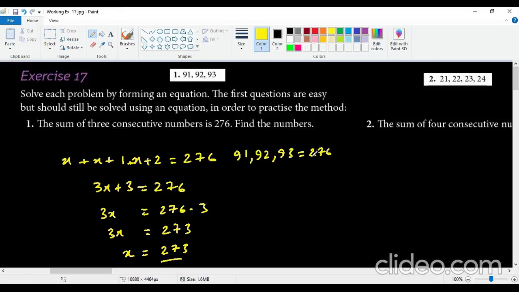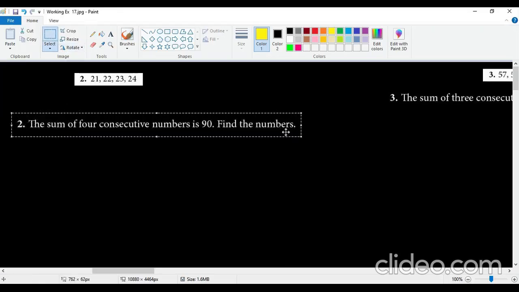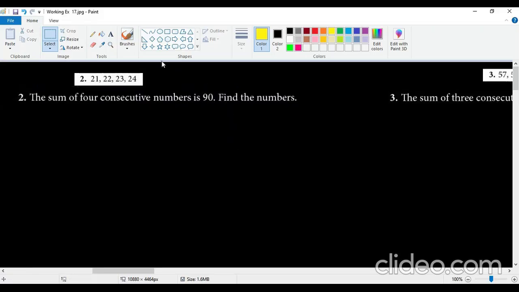Now comes the next question, which is question number 2. In here, it says the sum of four consecutive numbers. This time there are four numbers. So what we'll do is x plus x plus 1 plus x plus 2 and plus x plus 3. This is the first number, second number, third number, and the fourth number.